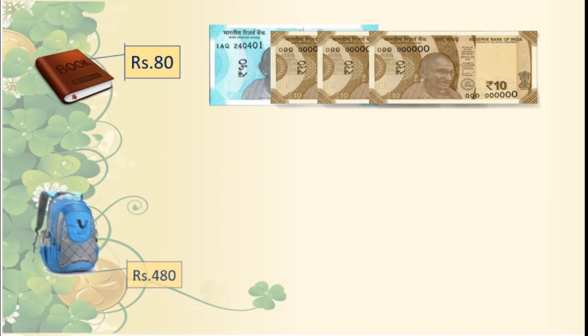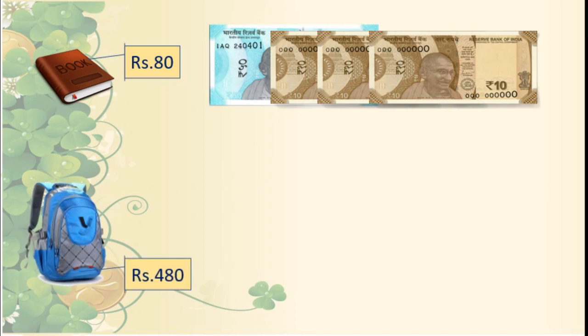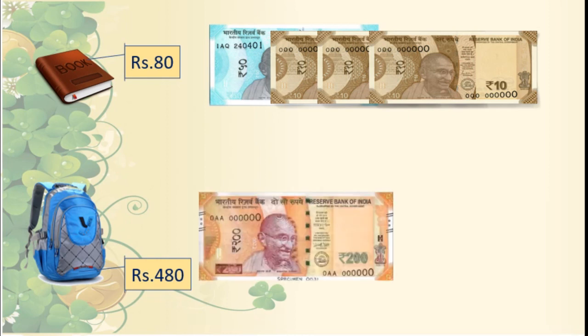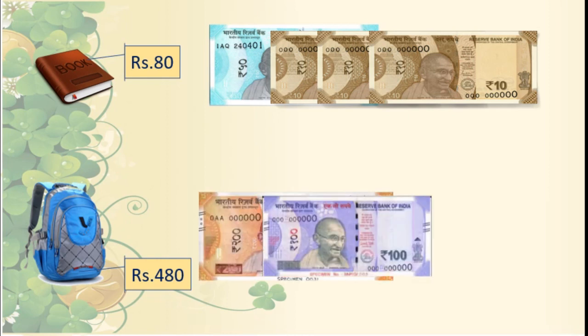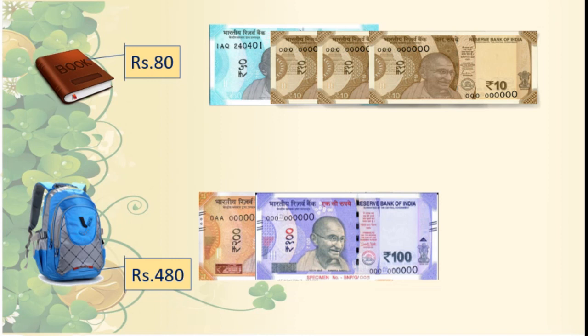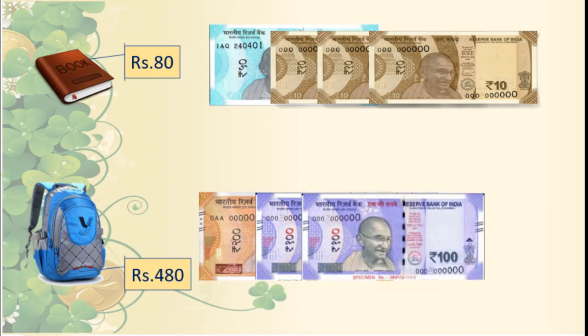Okay. Now this bag, the cost of the bag is 480 rupees. Now we will give 480 to the shopkeeper. We are having 200 rupee notes, 50 rupee notes, 10 rupee notes, 20 also we are having, 100 rupee note also we are having. Okay. See here, this is a 200 note, 1 note, then a 100 rupee note that became 300.